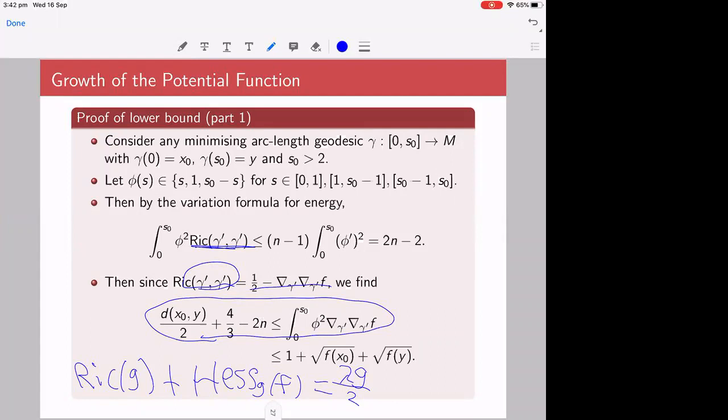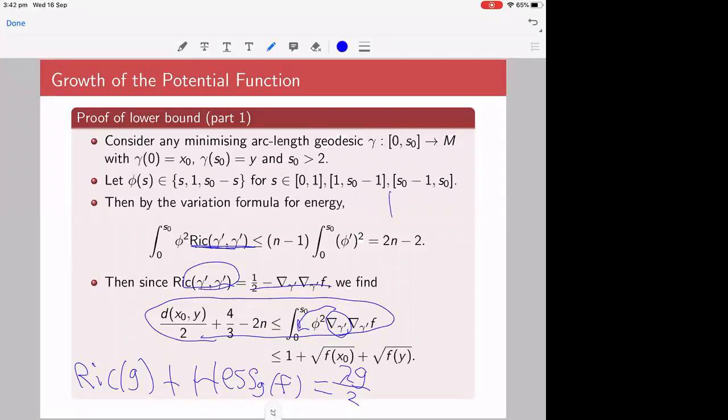What happens next? Well, this is a PDE and analysis talk, so we've got to include some integration by parts somewhere. Take one of these derivatives, put it over here. What you're going to end up with is something like the integral of phi times phi dash times the gradient of f.